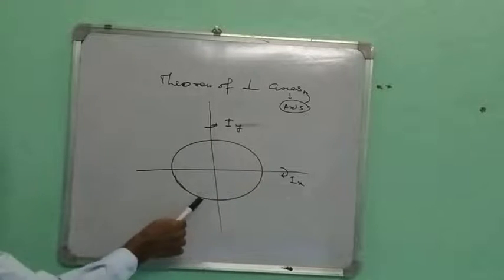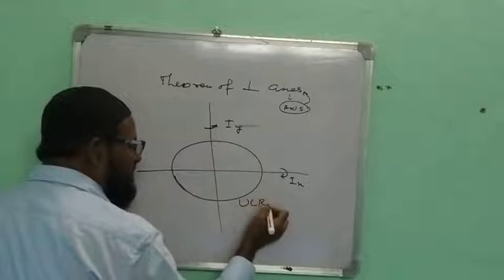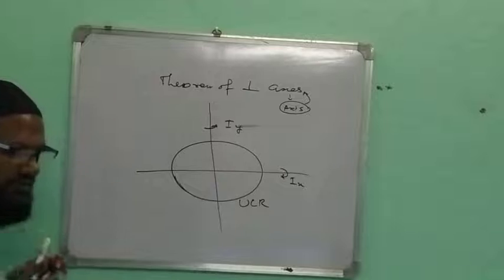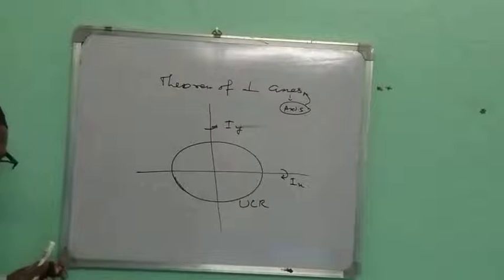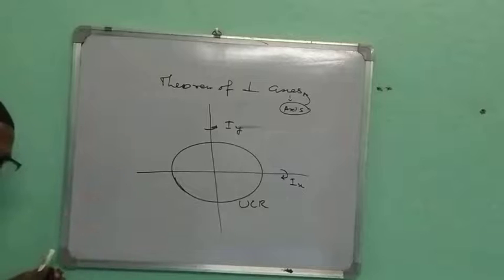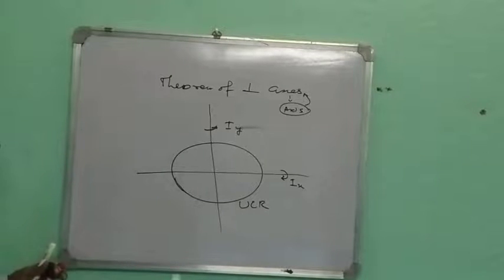Consider this is a uniform circular ring. The ring is in the horizontal plane. The x-axis and y-axis are also in the horizontal plane, and this is the z-axis.